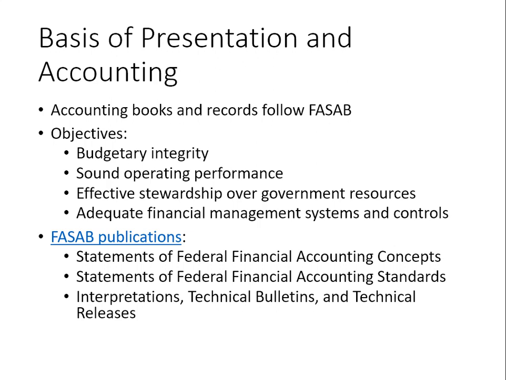It also needs to measure the performance, also the stewardship, fiduciary stuff. We don't see so many objectives in the private sector. In the private sector, we care about return to shareholders and other objectives.